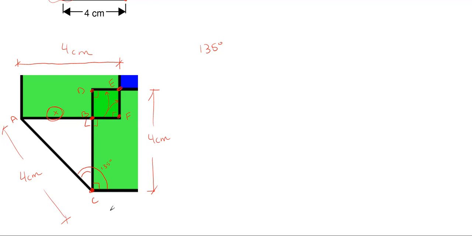Well, this angle for the square will be automatically 90 because it's a square. So if we want this internal angle for this triangle here at C, we would just take 135 degrees, subtract off 90 degrees, and that leaves us with a total of 45 degrees internally here. So this would be 45 degrees.